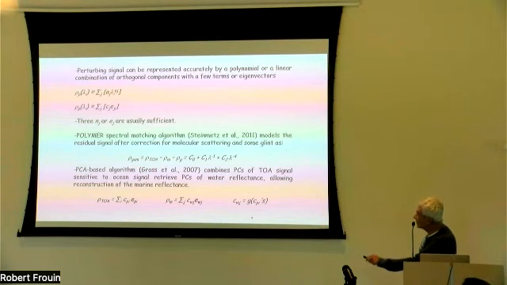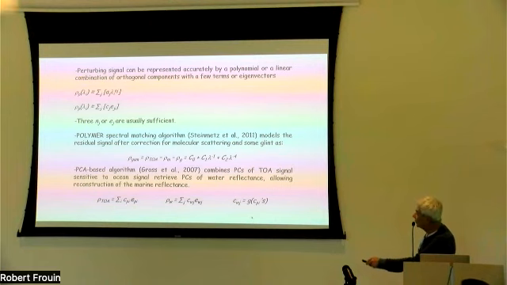So in the spectral matching, as we've seen, they first make some correction for molecular scattering and some average glint, because you never know exactly what the glint signal is. You use the wind speed, which comes from some realistic data. It's not totally accurate, so that's not sufficient to correct the glint problem. So they do some kind of average correction, but you end up with a signal that is smooth spectrally that you model with it.